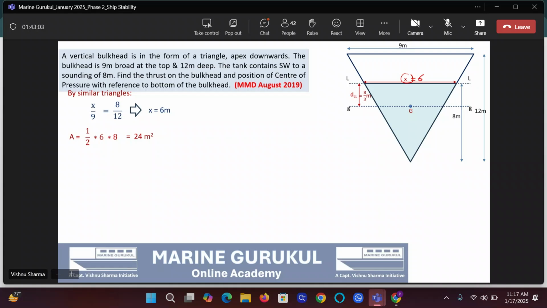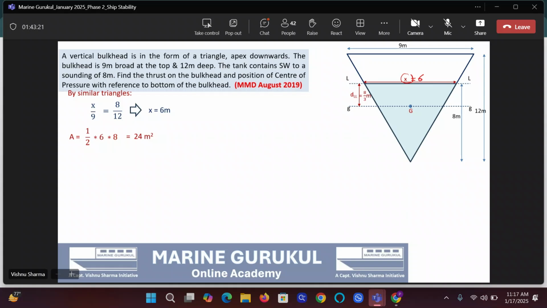Samir, you had the doubt. So tell me now, what will be the pressure at G in this diagram? How do I get the pressure at G?